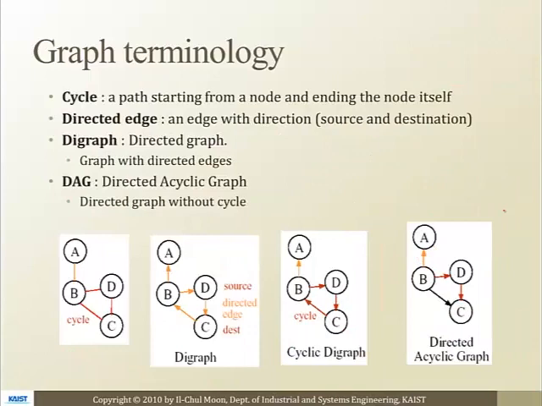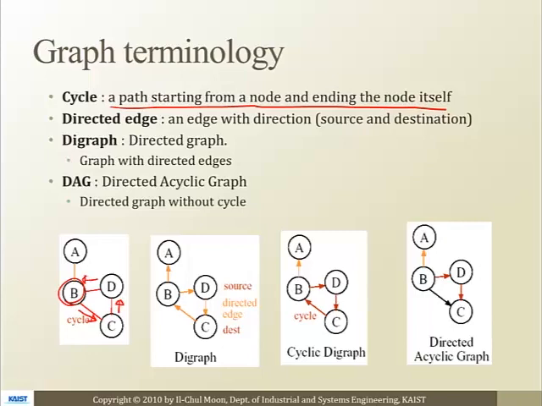So the next terminology is cycle. A cycle is a path starting from a node and ending at the node itself. For example, let's look at this case. Node B starts the path, and the path comes here, and goes like that.